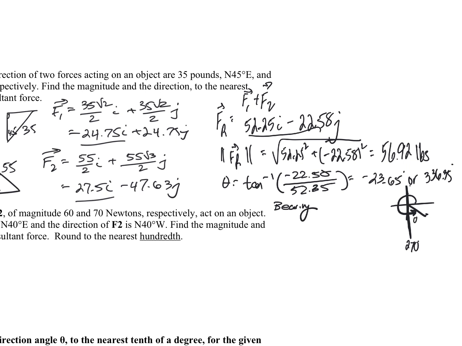The question is, how many more degrees did I travel? So if I do this angle, 336.35 minus 270, I get 66.35 degrees.